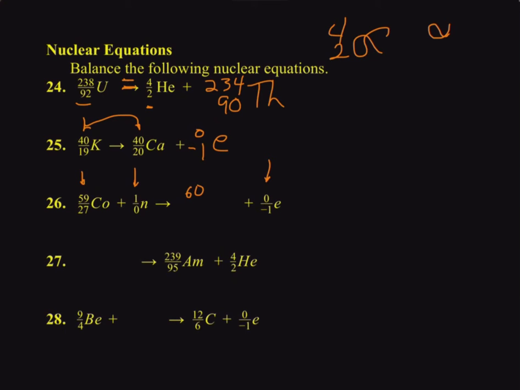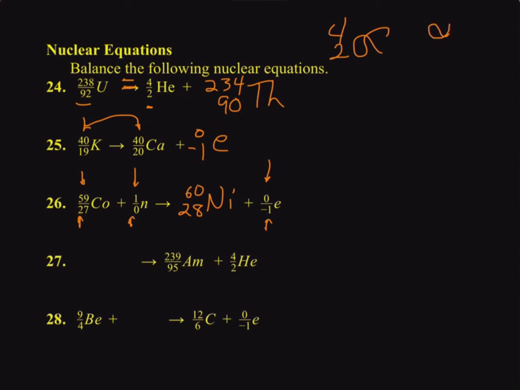And then we have 27 and 0 on the right, and we have so far -1 on the left. So the number that's missing is 28, because 28 plus -1 is 27. And if you look up element number 28, it is nickel. So nickel 60 is the missing piece.